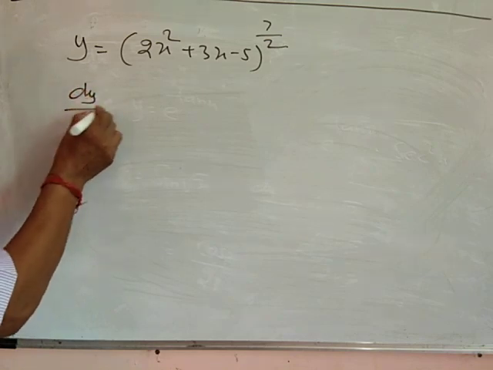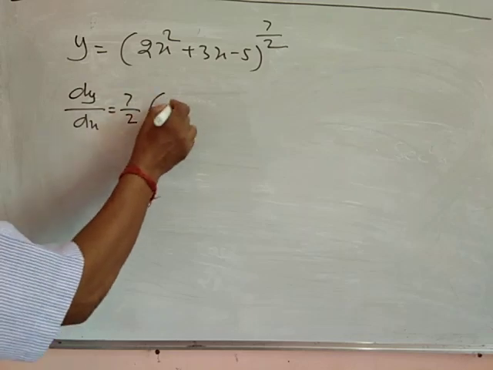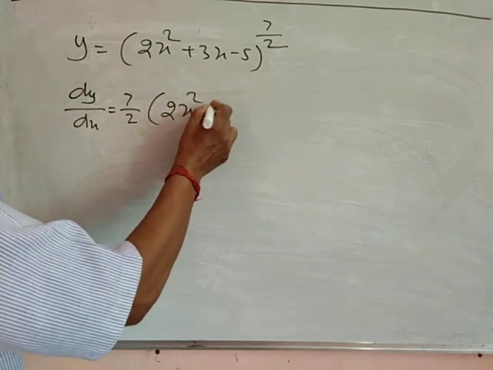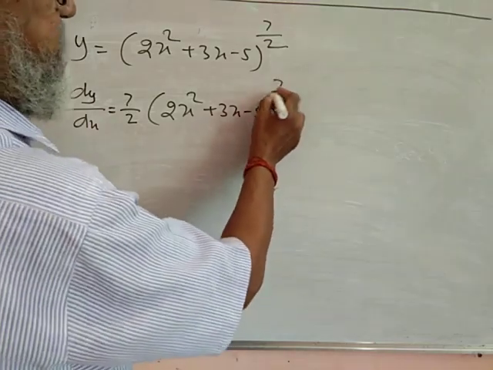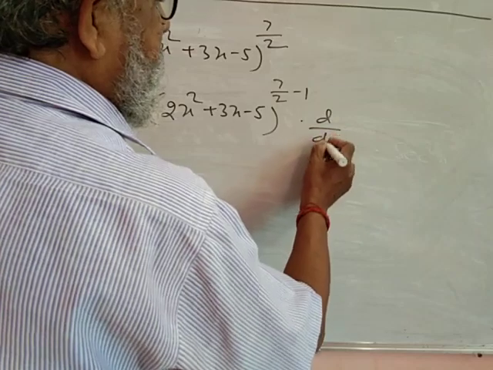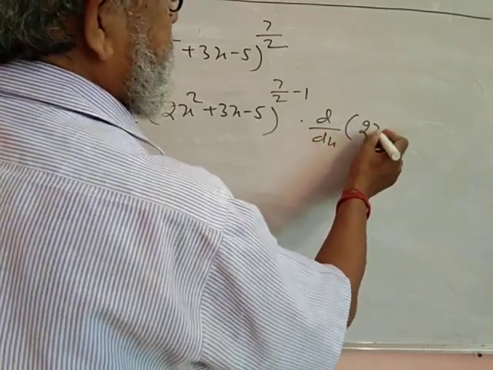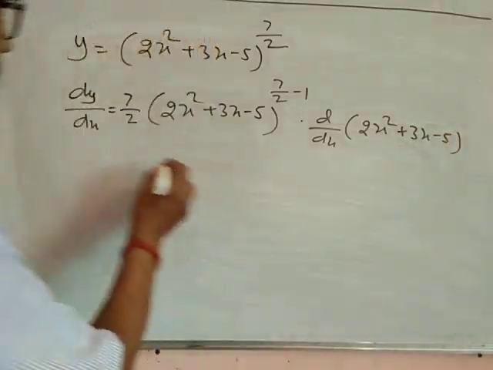So dy by dx is equal to 7 by 2, (2x square plus 3x minus 5) raised to 7 by 2 minus 1, into d by dx of (2x square plus 3x minus 5).